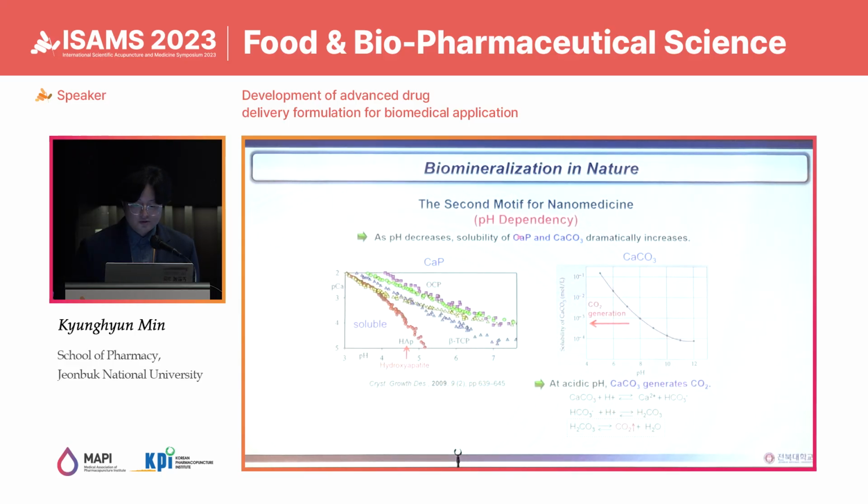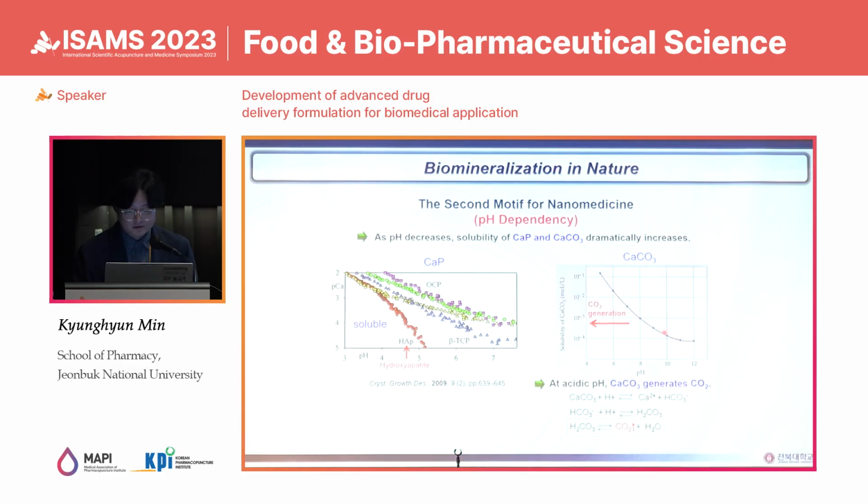In addition to the robustness of minerals, the mineral structure is influenced by pH level, and the dissolution rate changes. Especially in the case of calcium carbonate, the solubility increases with acidic pH, and the process makes carbon dioxide.